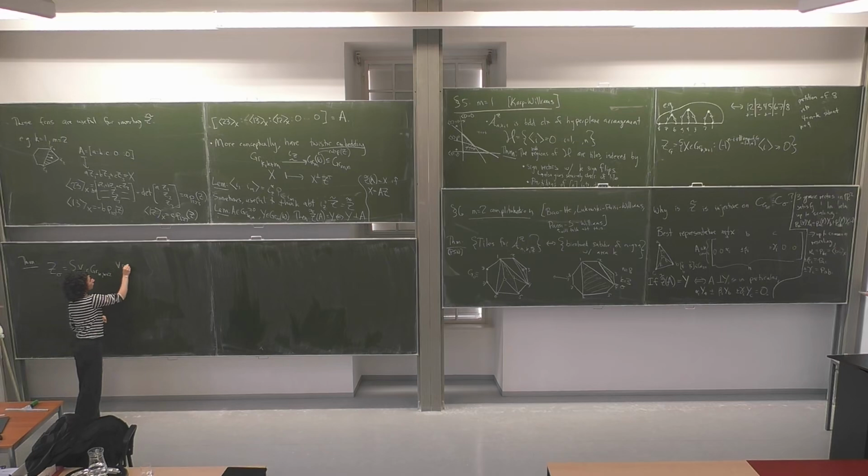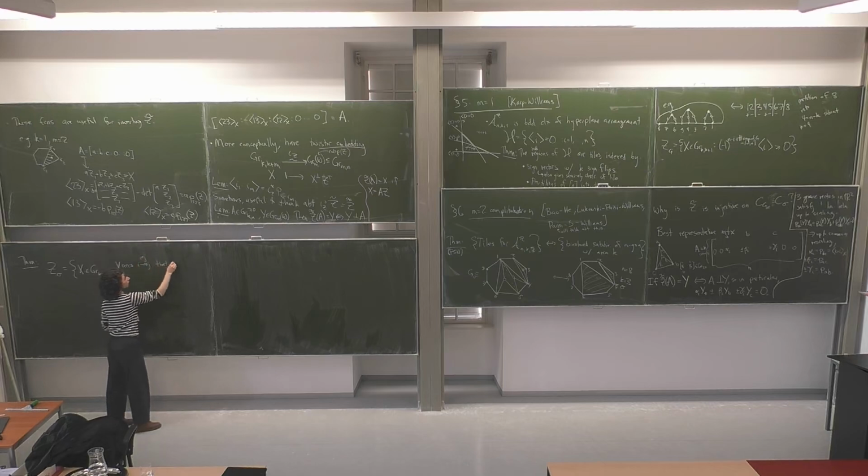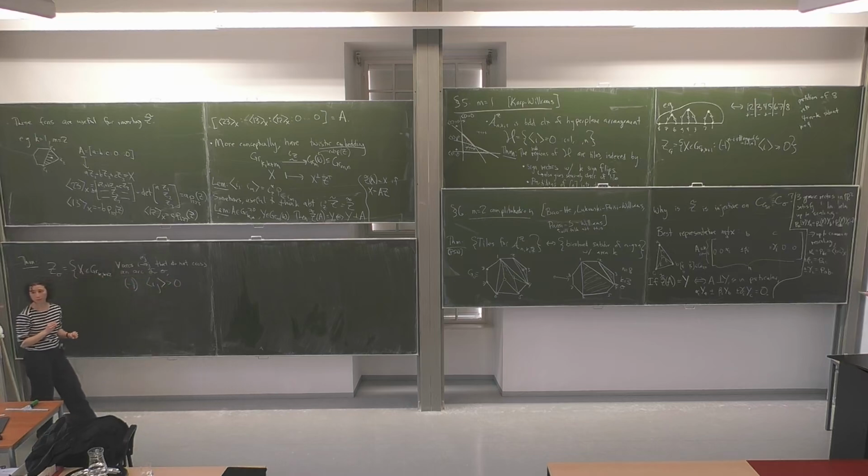For all arcs i to j in my polygon that don't cross an arc of sigma, the subdivision, the twistor coordinate ij is going to have a particular fixed sign.